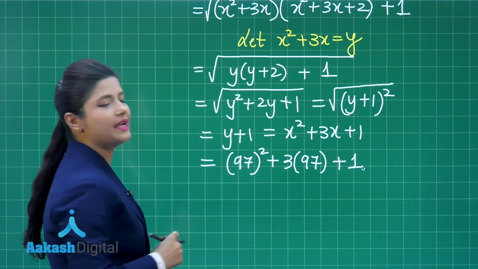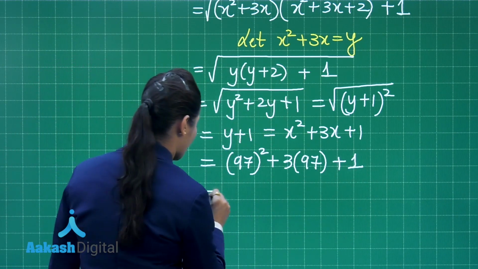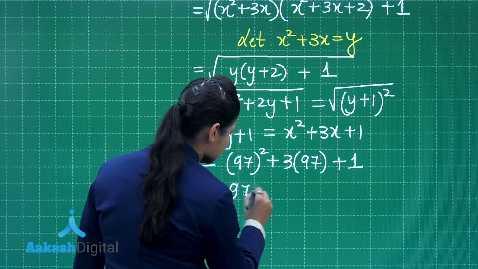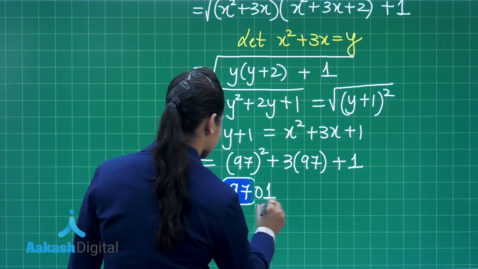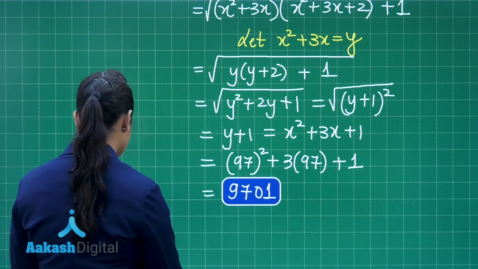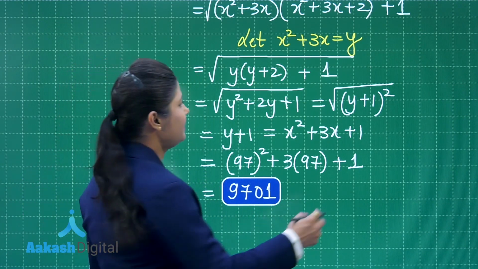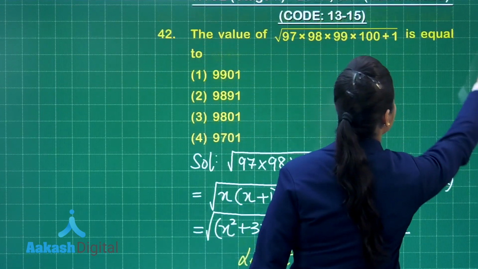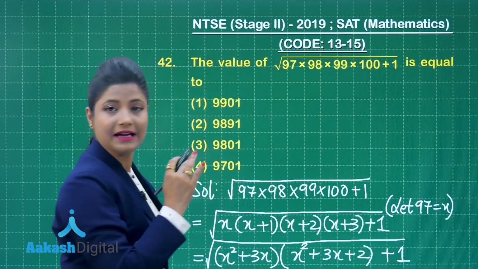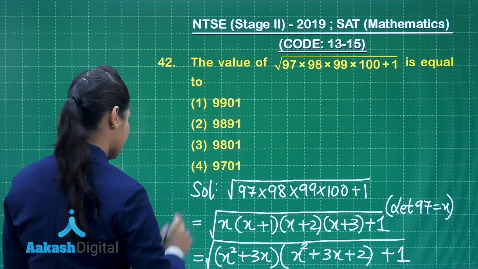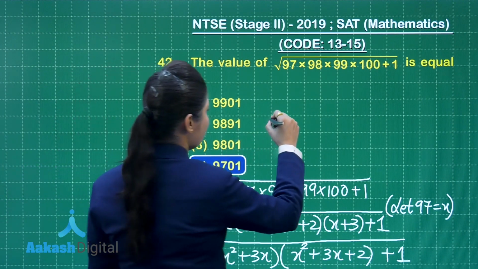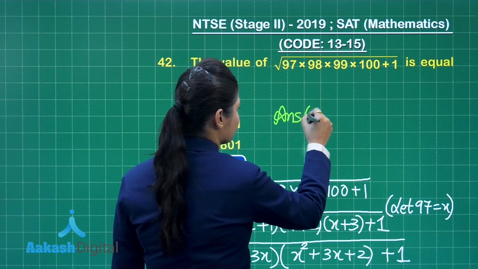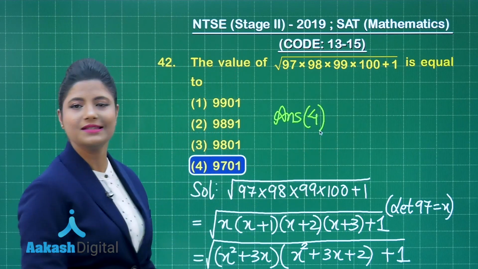When you simplify this, you get the required answer as 9701. Out of the 4 options given, you can now clearly identify the correct answer, which is option number 4. You can definitely mark the answer as option 4. I hope this question is clear to you.